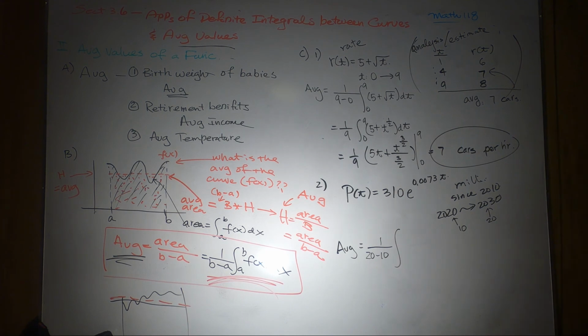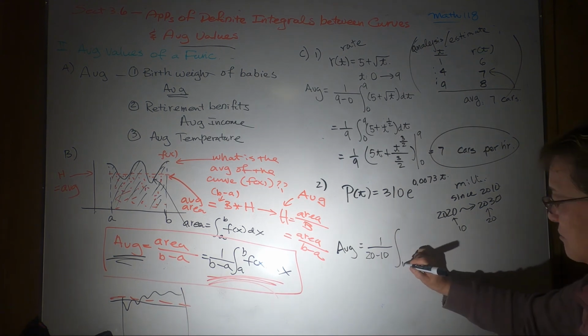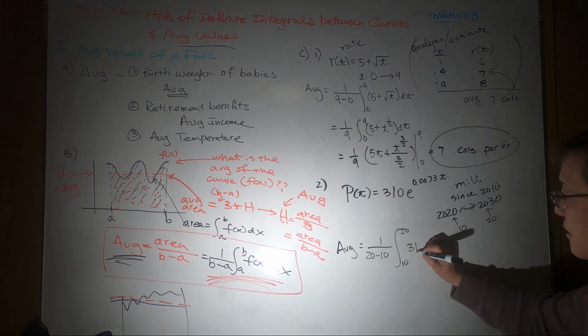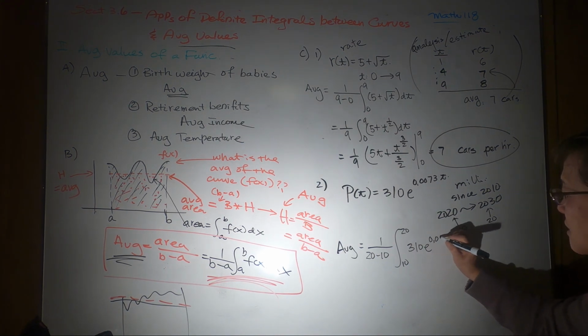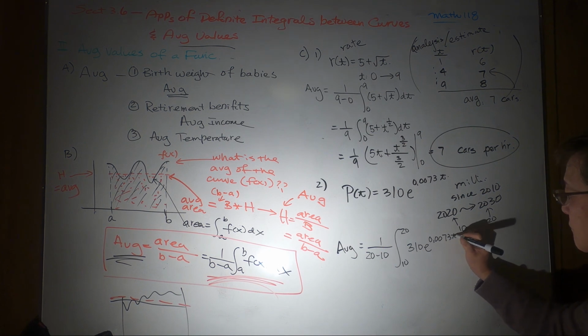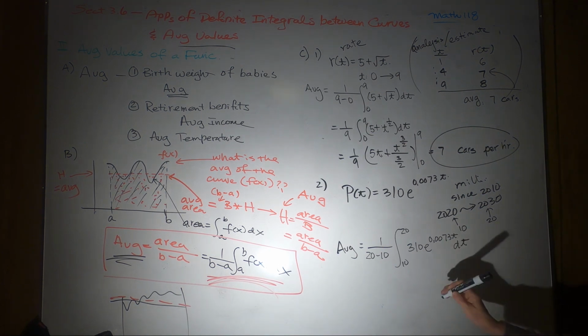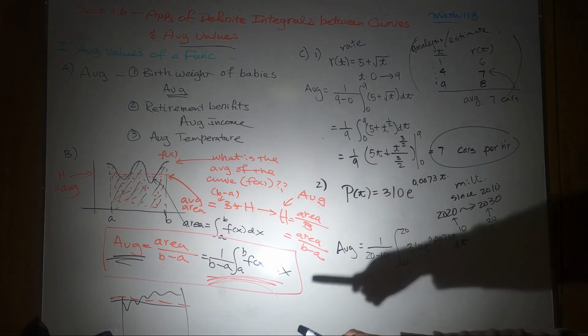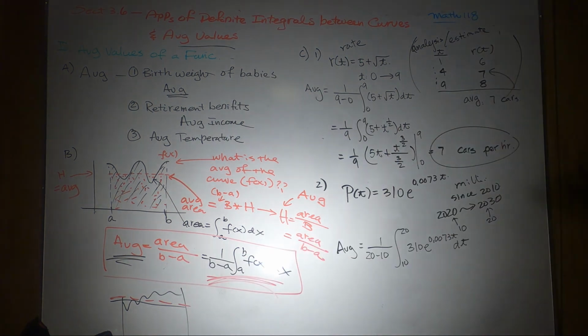So your integral for the average means between this time, you take an antiderivative of the function against time. Then if you divide it by that, that will be your average. Right?